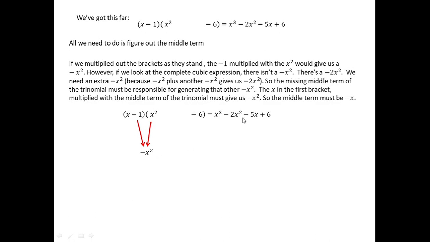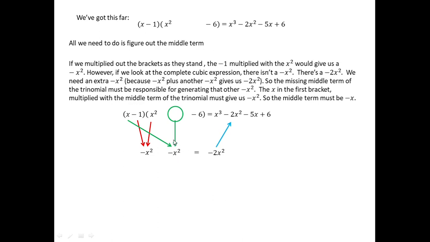However, if we look in our original cubic expression, it's got a -2x squared there. So I need to know what else must I combine with this -x squared so that I end up with a -2x squared. Well, it must be another -x squared, because -x squared minus another x squared would give me -2x squared.